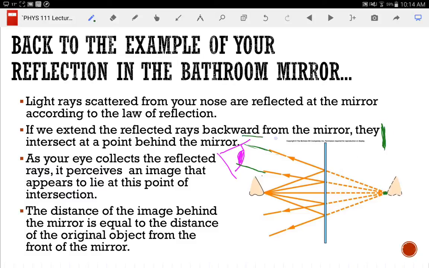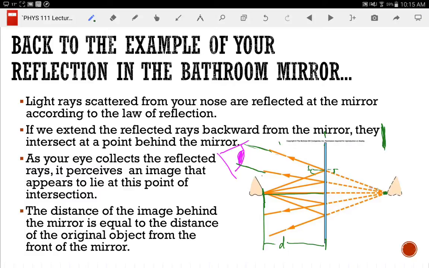So let me call this distance here D, the distance from my nose to the mirror. Just using geometry, because this angle is the same as this angle, that means it's also the same as this angle.